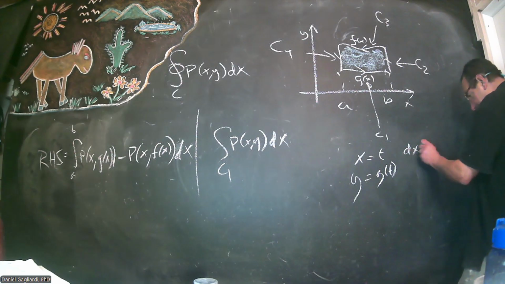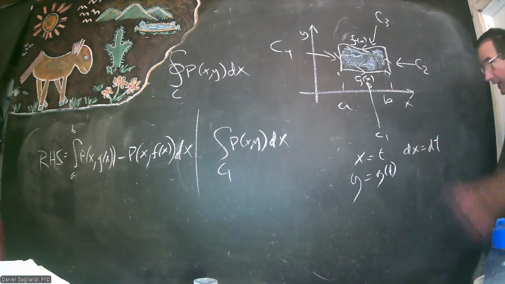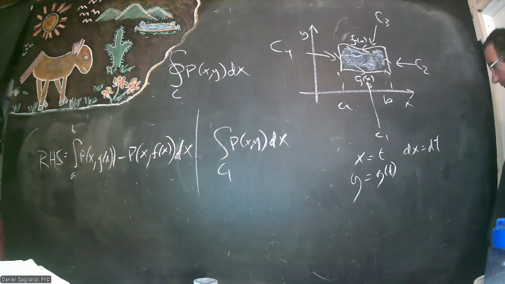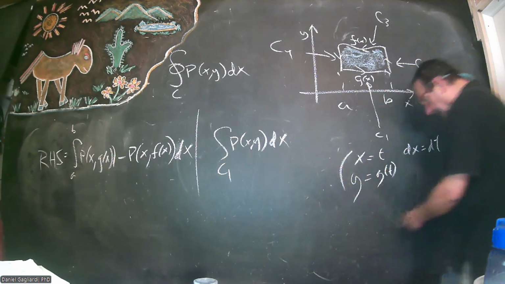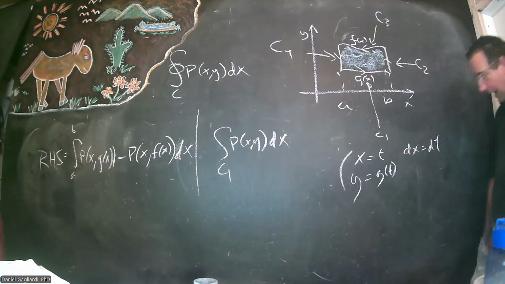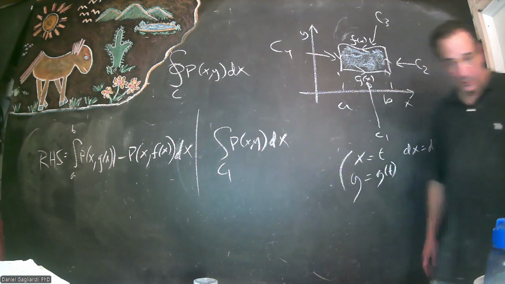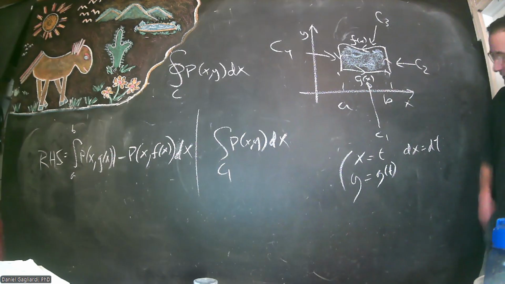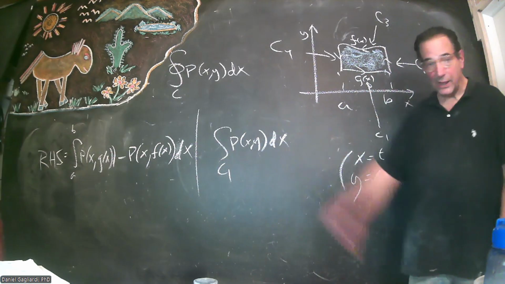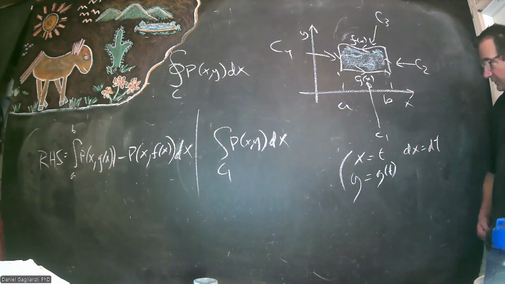Thus, dx is equal to dt. We may as well have used x as a parameter, but we're used to t. Now dy is going to be g prime of t dt, but we don't have to worry about dy because we only have half of the integral, for which the differential element is merely dx.